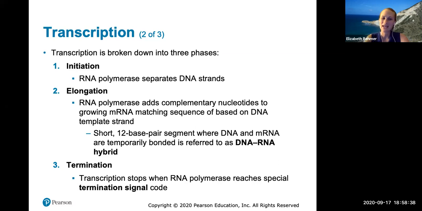So if this is the DNA strand, take out that U in there. The complementary messenger RNA strand, the adenine would pair with a uracil, the thymine would pair with an adenine, the guanine would pair with a cytosine, and an adenine would pair with another uracil. Does that make sense?